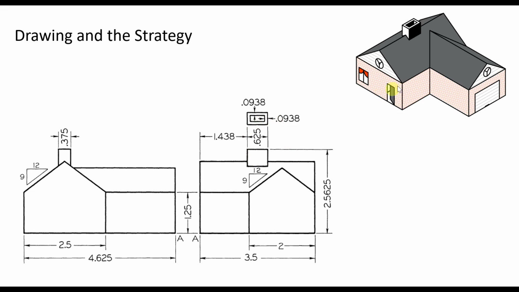Let's go ahead and develop the chimney. So for the chimney, we know this distance from the front to this surface. So from here to here is 1.438. Also the height from the very base to the top of the chimney is 2.5625. So we're gonna go ahead and try to find the midpoint here at the very top. Okay, so 1.438.